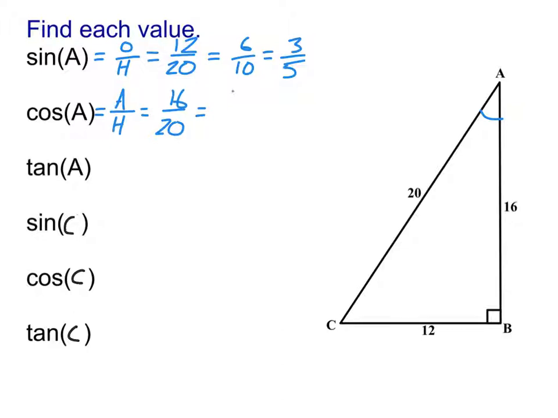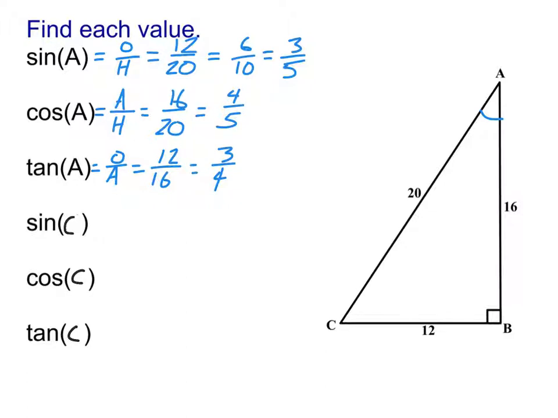And so if I divide top and bottom by 4 to reduce, I get 4/5. All right, next up, tangent of A. Tangent, remember, is opposite over adjacent. And then the opposite length is still 12. The adjacent length is still 16. If I reduce that, that becomes 3/4.